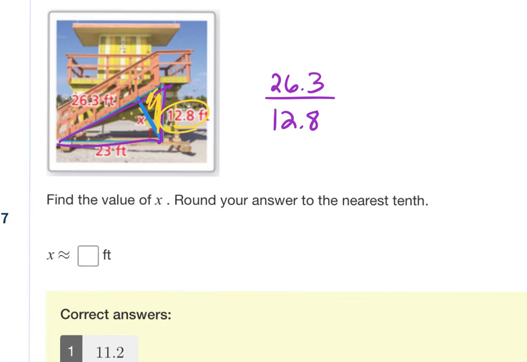Then you can reduce it from there, and you could set it equal to the x is the middle length side of the smaller triangle. So that would go on the bottom, and the middle length side on the big triangle is 23. That would go on the top. And then you could cross multiply from there. So that's how you could use your scale factor instead of having to do hypotenuse over leg and then use it again.